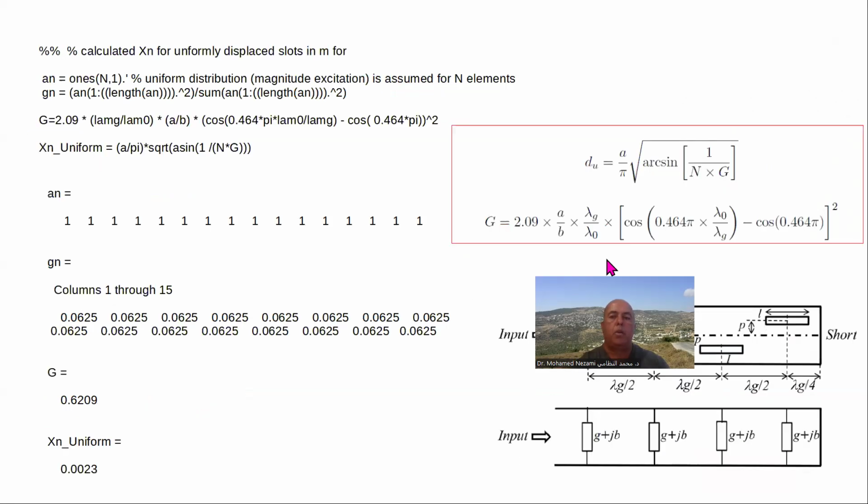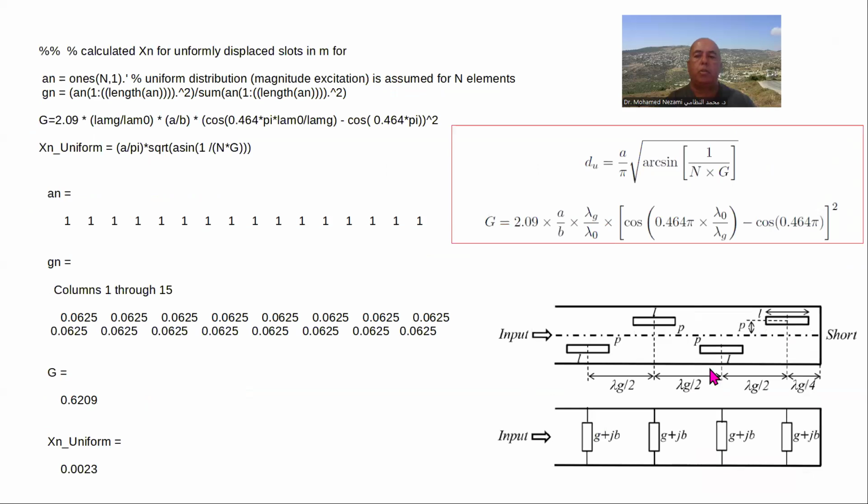And then, of course, the most important thing now is, we know the slots are 16, and we know that they alternate at a certain distance offset from the center line of the broad wall. But how do you determine this distance? That's very important, a crucial design step.